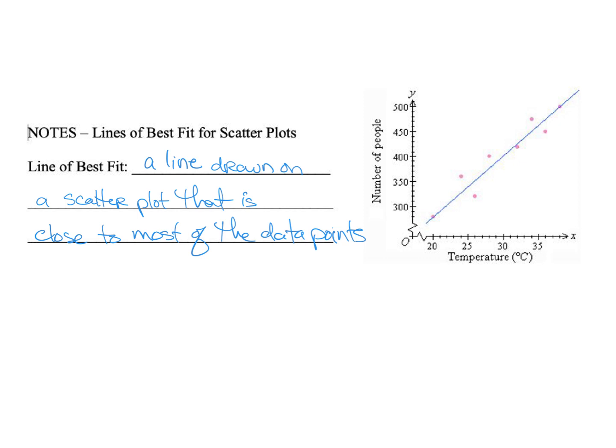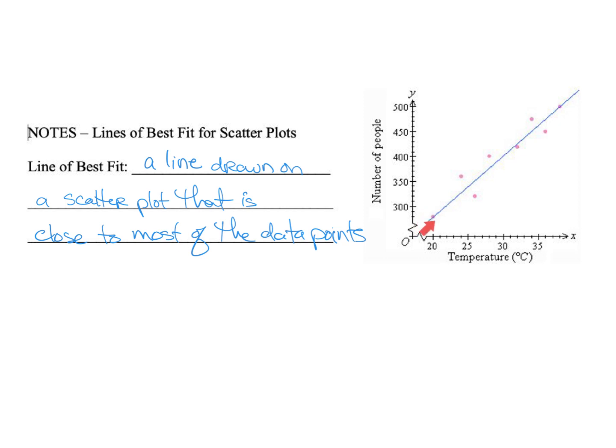So if we look at this one here, notice how this line goes through the information as far as the scatter plot. Notice how it doesn't connect the dots like in making a picture, like in elementary school. It's actually a straight line that goes through most of the dots.